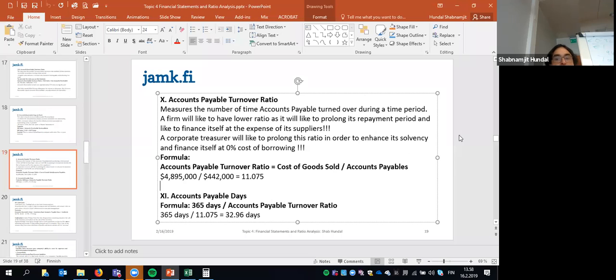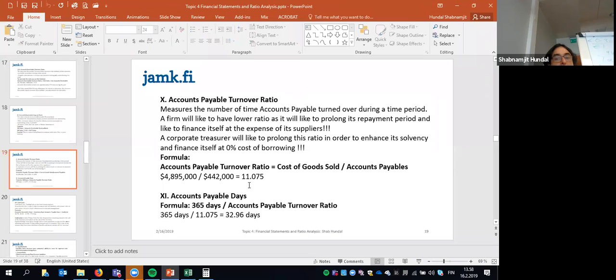So you have this accounts payable turnover ratio, which is the total cost of goods sold, this information coming from the income statement, divided by accounts payable, the people you owe money, who are basically your suppliers of inputs, raw material, inventory, whatever you call it.